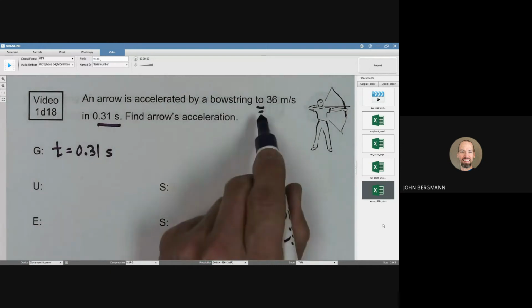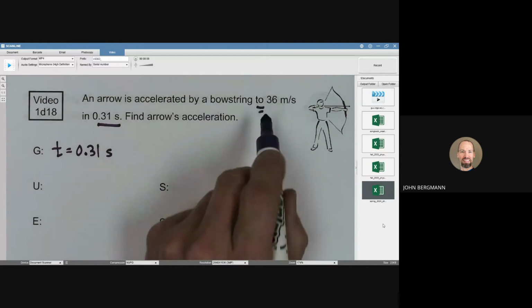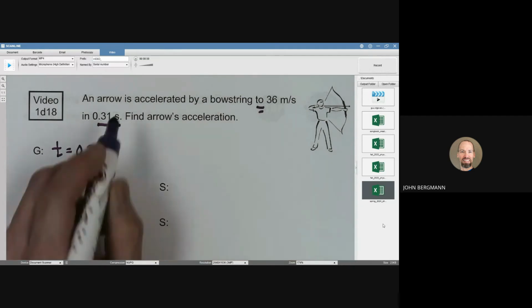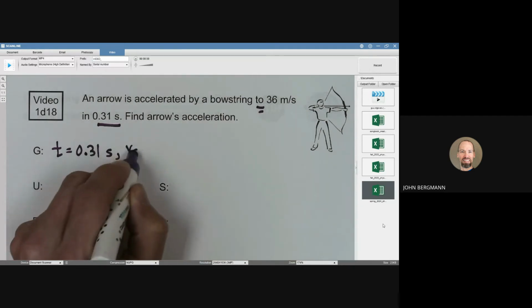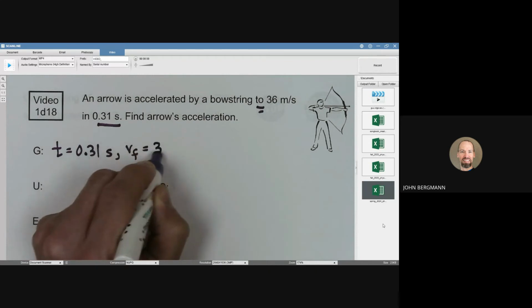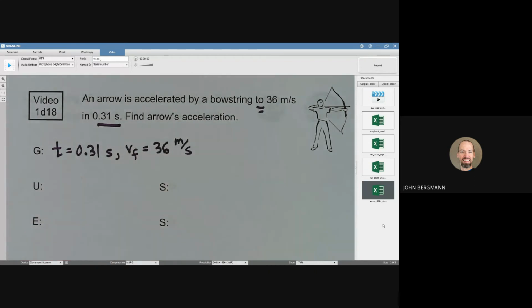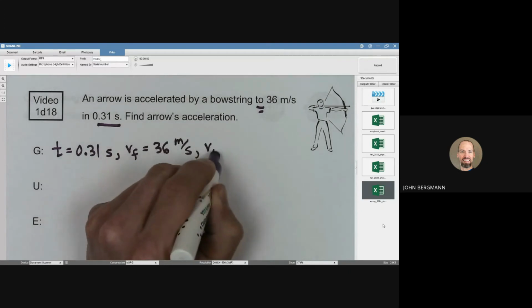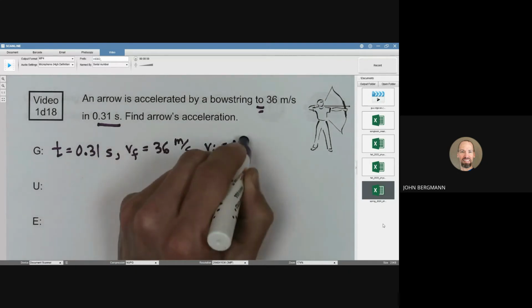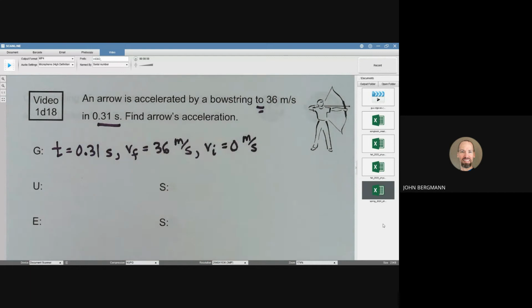It didn't start out at 36 meters per second. It ended at 36 meters per second. So that is our final speed. Our initial speed is kind of hidden in there. It's 0. This arrow is going to start from rest and is going to be accelerated by that bowstring.